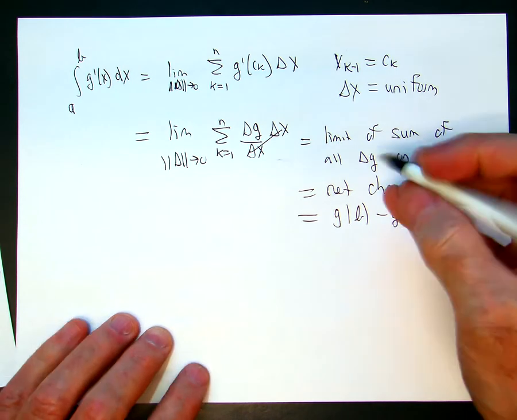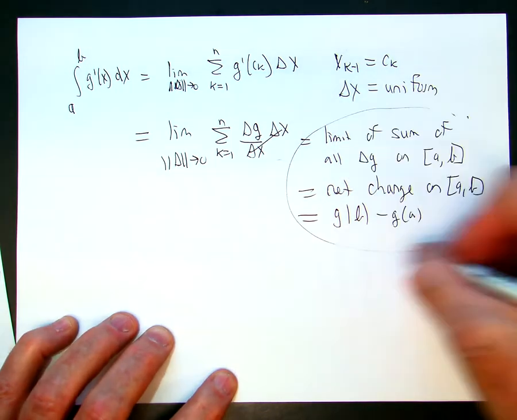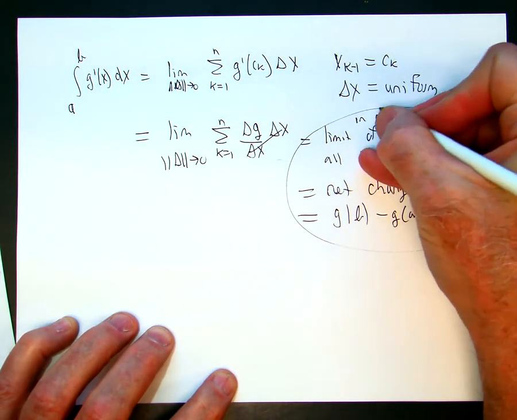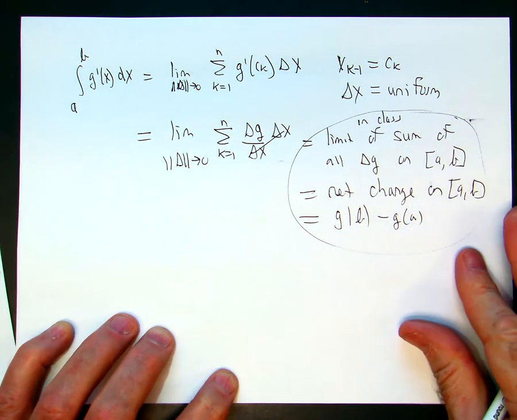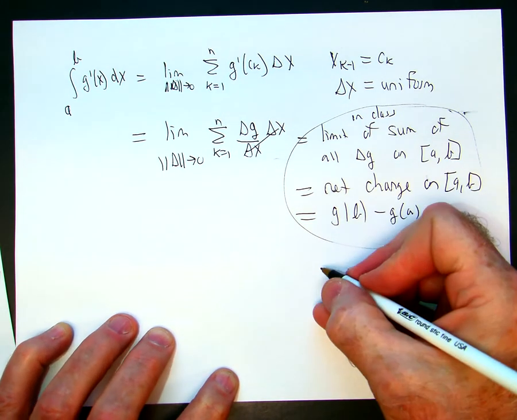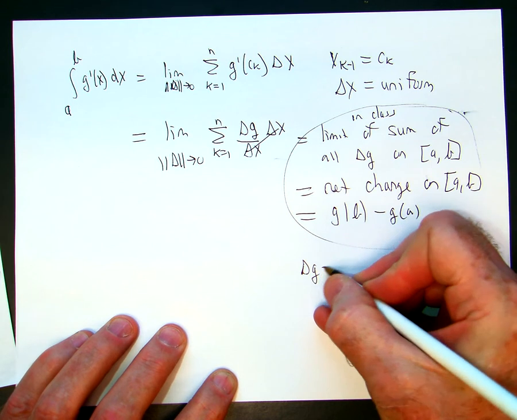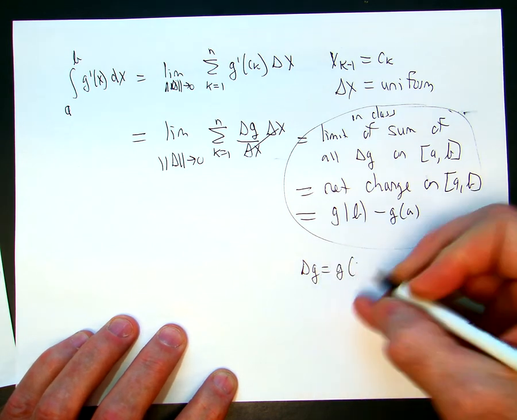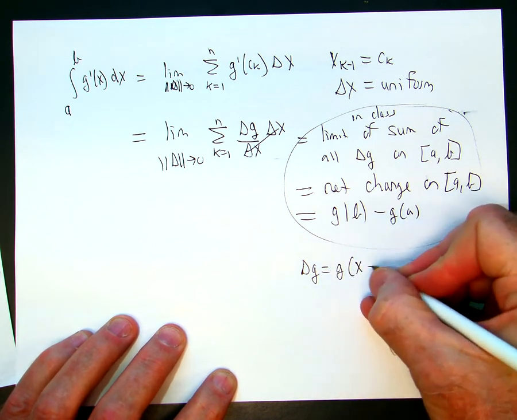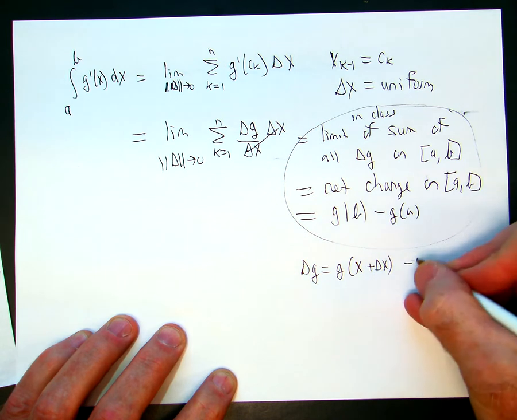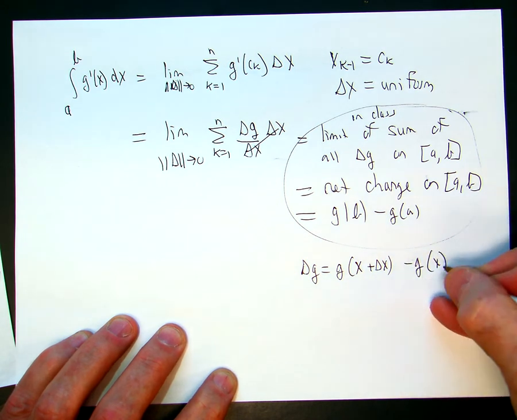Okay, so this is what we did in class. Now, I'm going to take this a little bit further. I'm going to go back, and we saw before that when we looked at delta g, that was g of x plus delta x minus g of x.